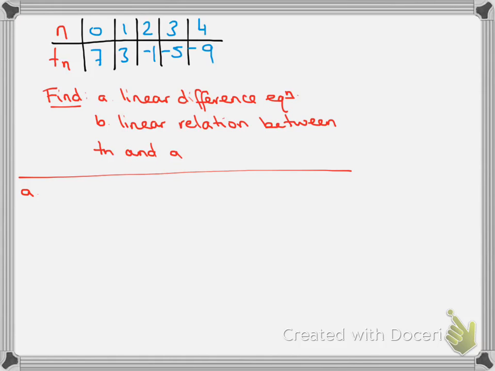Okay, so the first thing that we need to do to work out part A, we need to find the difference between each pair of consecutive terms. So again, say that again, we need to find the difference between each pair of consecutive terms. So what that means, we need to take each term or each pair of terms and find the difference between them. So for example, for the very first one, we need to do T1 minus T0.